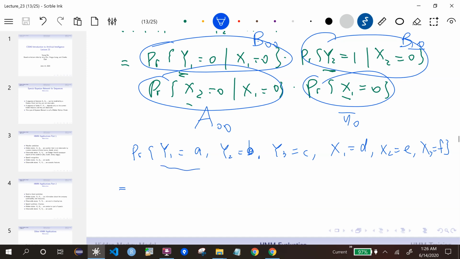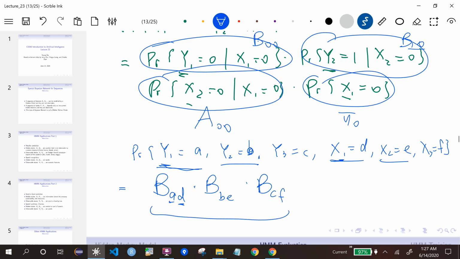Here we remember we have each variable given the parent. So y1 given the only parent x1, if you go back and look at the diagram, and that probability is one of the B's, called B_AD. So B is y equal to a given d. Remember, a and d are either 0 or 1, so I'm just using the symbols a and d. The second one is y2 given x2, so it's B_BE, B_CF.